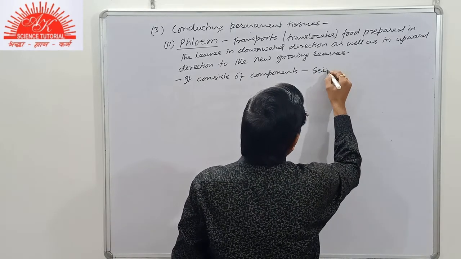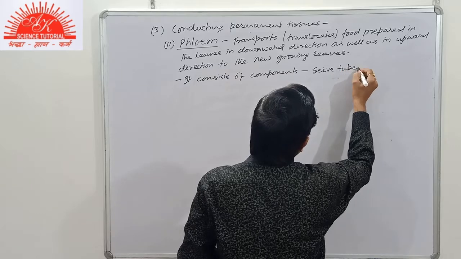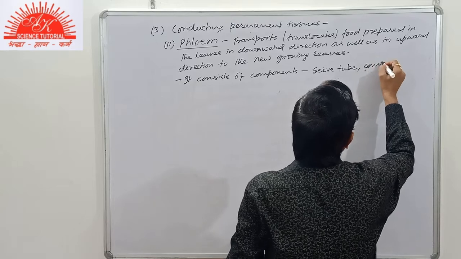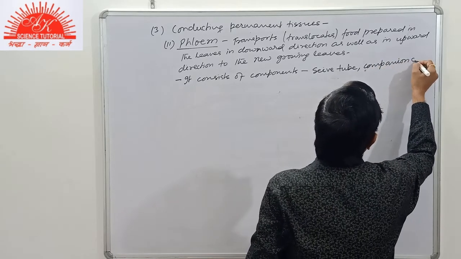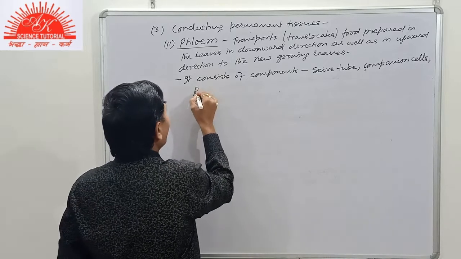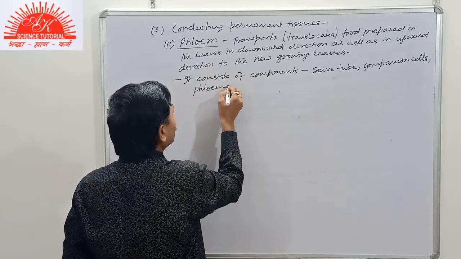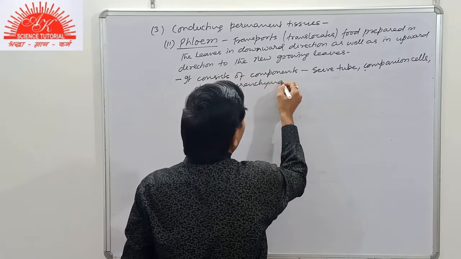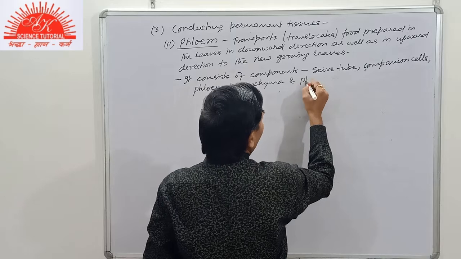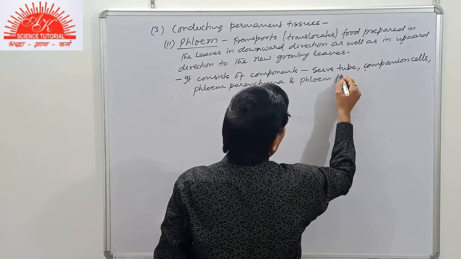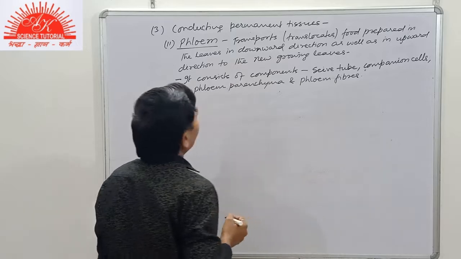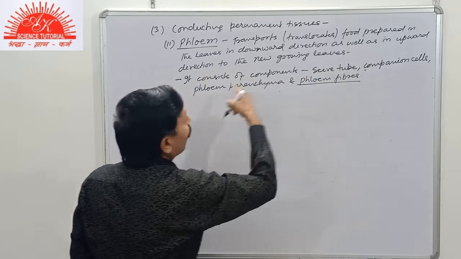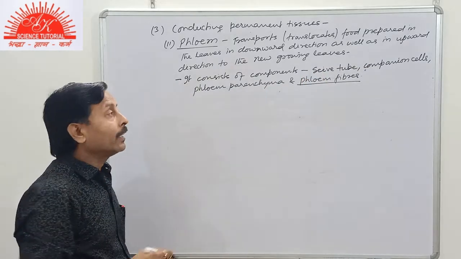These are sieve cells, or sieve tube, companion cells, phloem parenchyma, and phloem fibers.